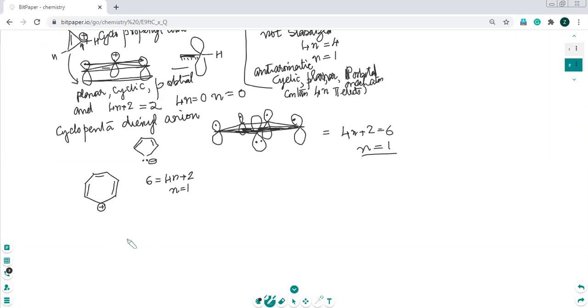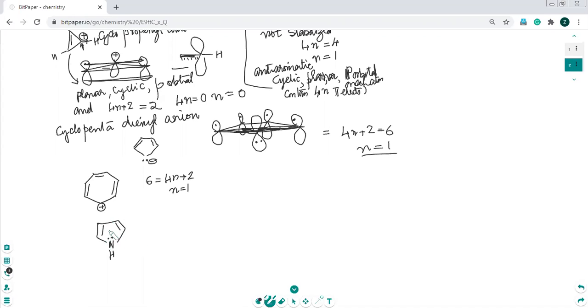Now, similarly, you have certain other compounds which are neutral molecules, which normally you will think are not aromatic. See this one. Normally we will think this is not aromatic, because the nitrogen lone pair is not contributing any. You will think it is sp3 hybridized.